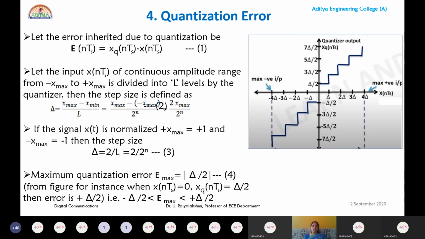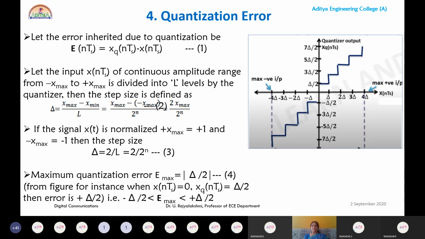Okay, good. Similarly, at the instant x of NTS equals delta, the output goes to 3 delta by 2. So 3 delta by 2 minus delta is delta by 2.